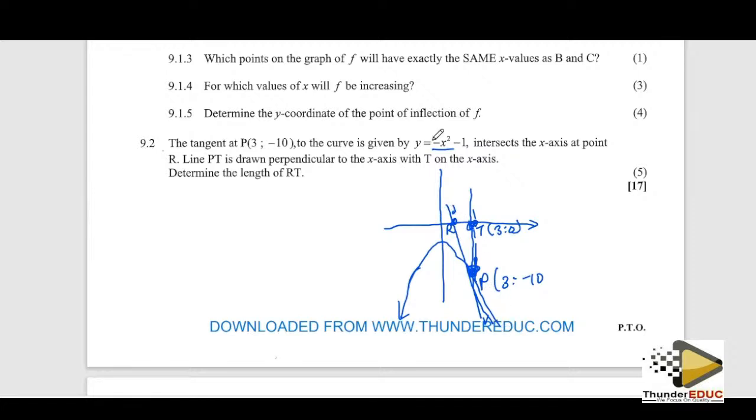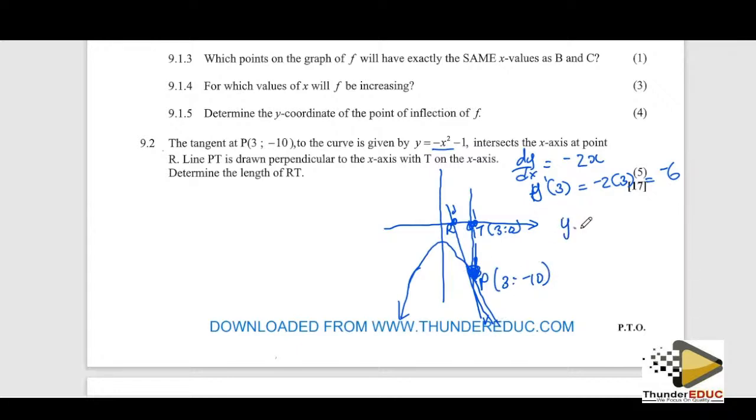So I'll start by finding dy/dx, which is going to be -2x. Now this -2x is the equation of the gradient at any point on this curve. But if x is 3, y prime of 3 is -2 times 3, which means the gradient is -6 at this point P. Then I'm going to use the point 3 and -10 and find the equation of the tangent.